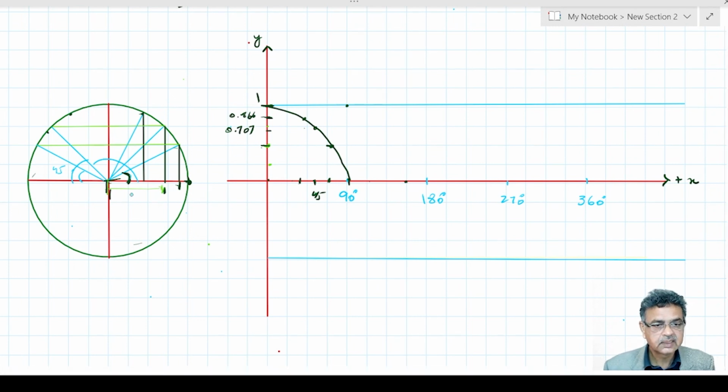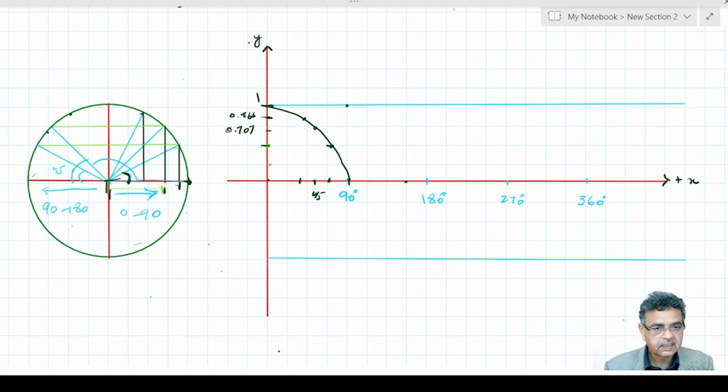From 0 to 90 degrees, the direction of values is this way. This adjacent, you can see that adjacent is on the right hand side. But for the values more than 90 to 180, the direction of the values is this way.